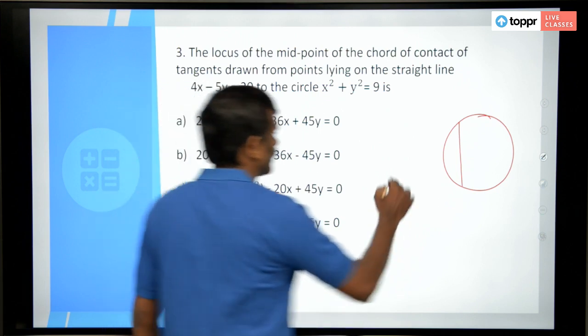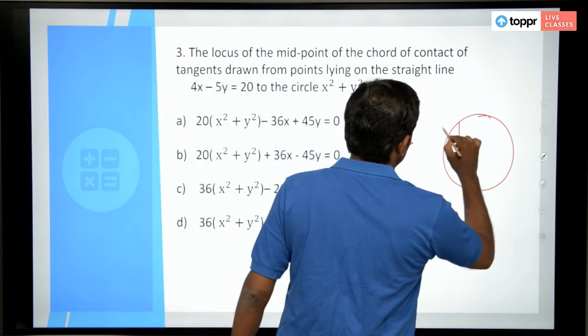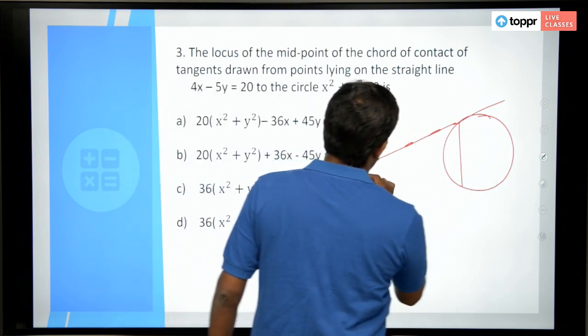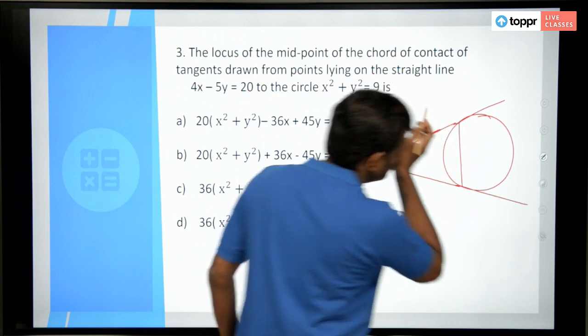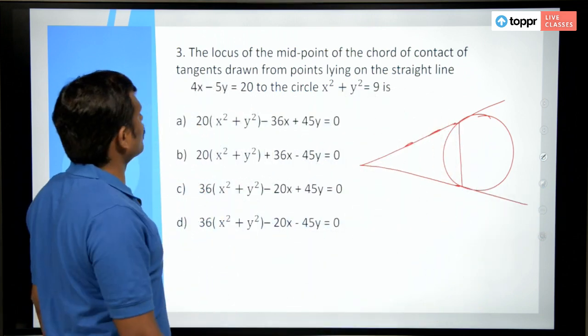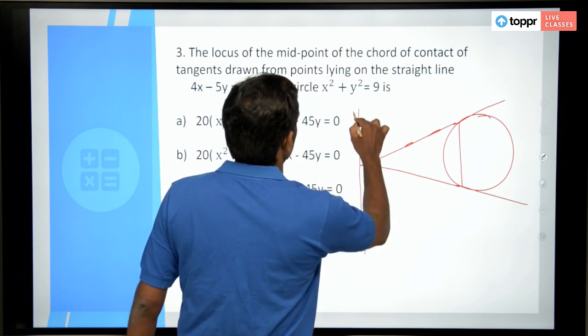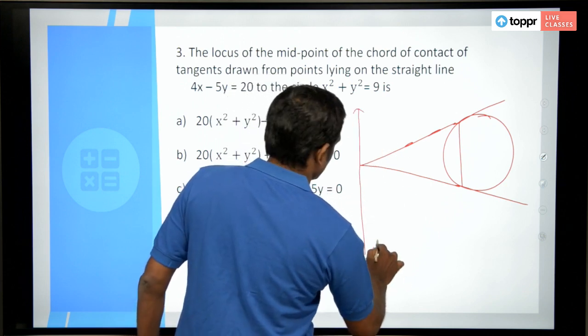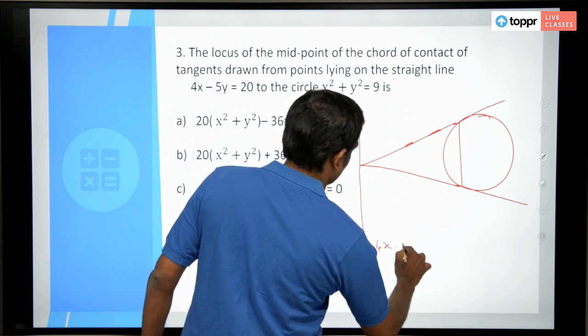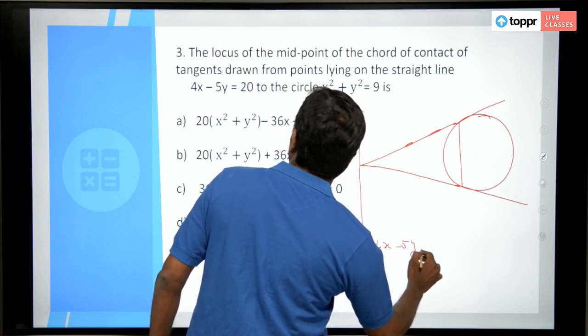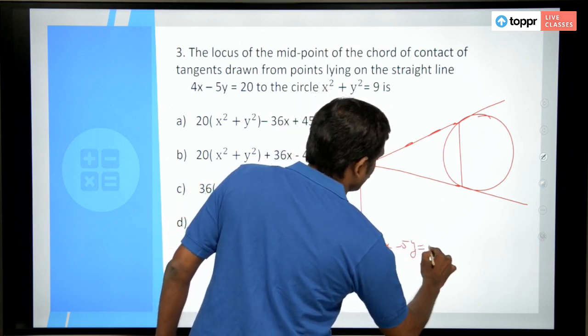Okay, chord of contact is like when you have tangents touching the circle at those points, right. And where are these tangents coming from? Like from a point, and that point is lying on a line which is 4x minus 5y is equal to 20.